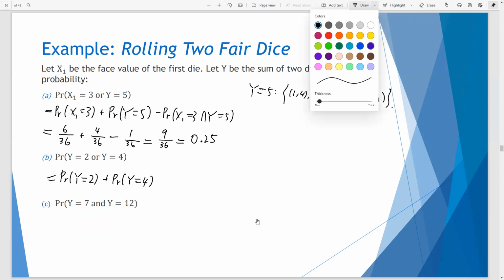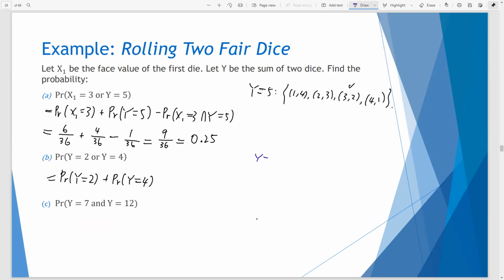Maybe I use another color. Y is 2, that is 1,1. The sum is 4, that is 1,3, 2,2, and 3,1. Can they happen together? Two dice with a sum of 2 can never have the sum be 4, so they cannot occur together.